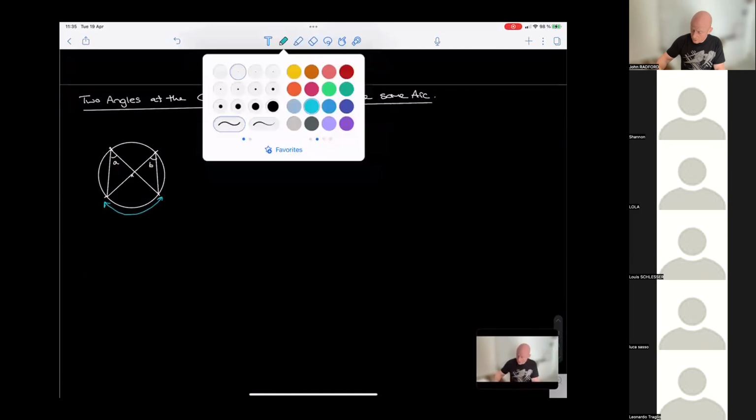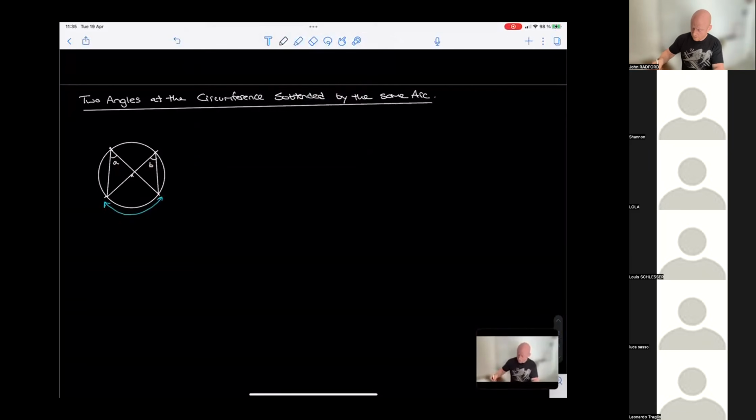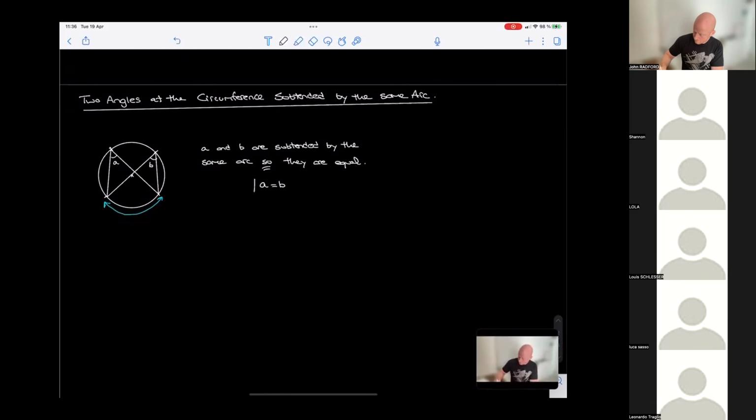So in other words, I'll write this: A and B are subtended, but I hate that word so much, are subtended by the same arc. So they are equal. Period. So A equals B. Okay, and that's it. That's the theorem.